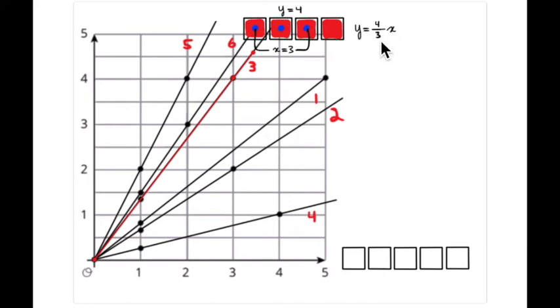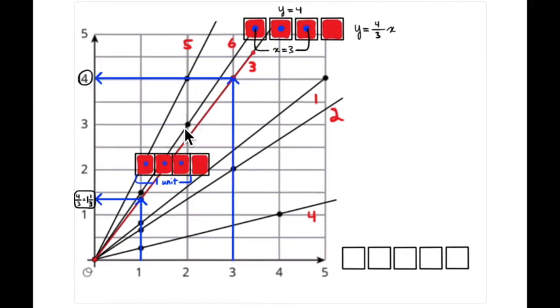This is 4/3 dollars per 1 hour, or $4 for 3 hours of work. That's the same as, if this is 1 unit, 4/3 dollars, or 1 1/3 dollars for 1 hour of work. So it's 4/3 right here, 4/3 per 1 hour of work.